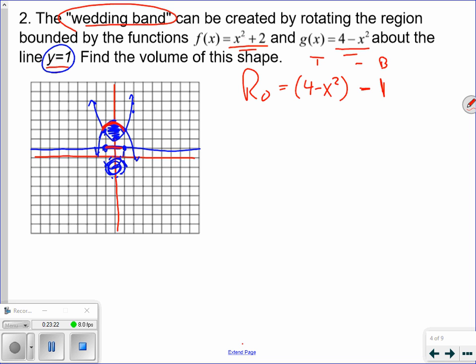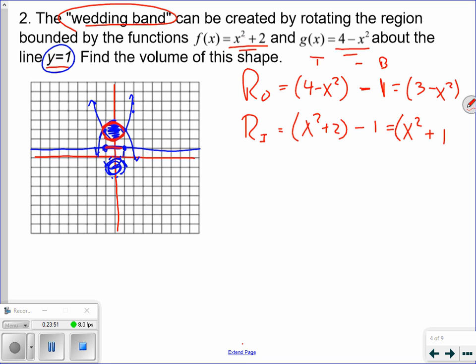The radius of the inner function is the part of the function that's closest to the line of revolution, so that bottom part. That function was x squared plus 2, subtract the line of revolution. If you want to simplify both of these, you can say this is 3 minus x squared, and this is x squared plus 1.